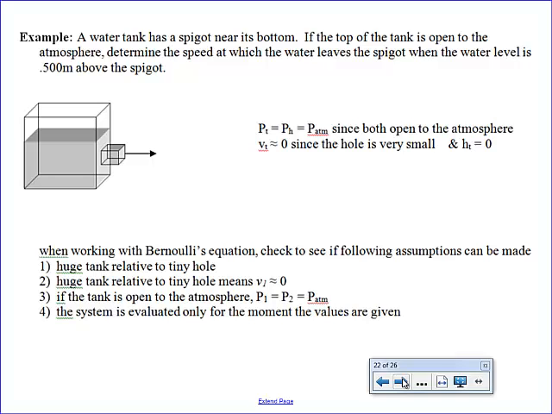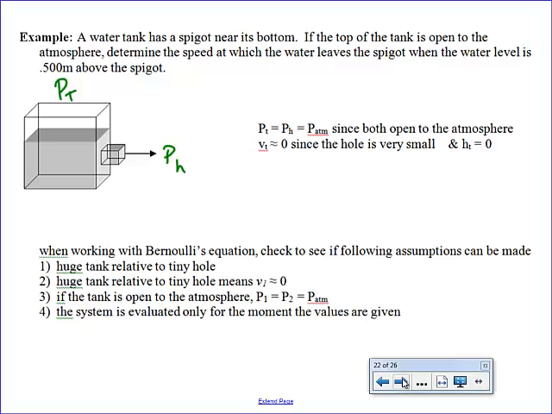Okay, in order to solve this problem, I'm going to have to make some assumptions. The first assumption that I'm going to make is that P1 and P2 are the same, or here I've written it as PT, the pressure at the top, and the pressure at the hole are the same.